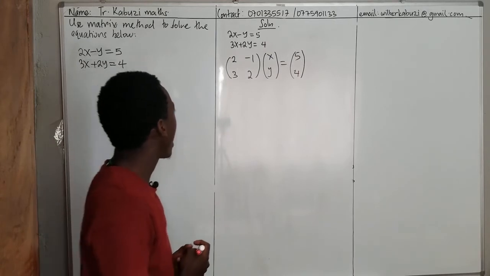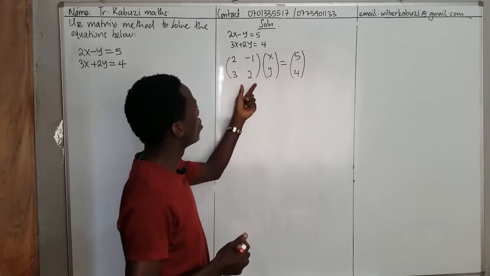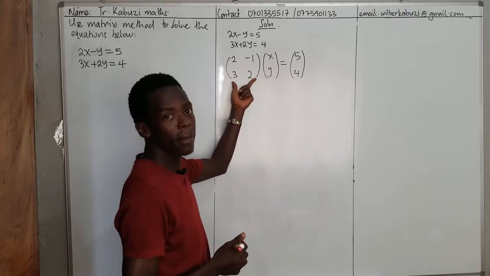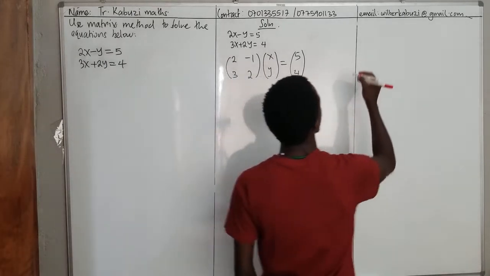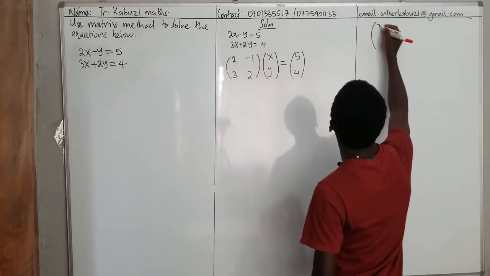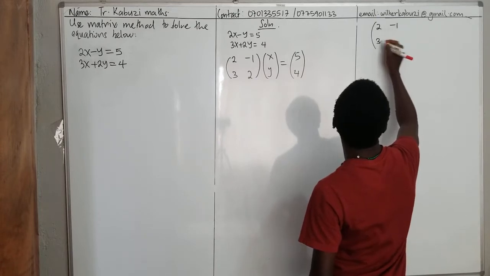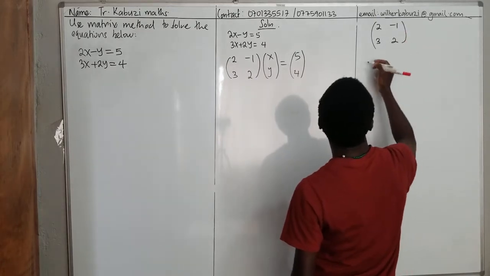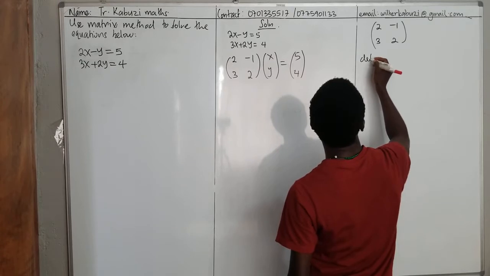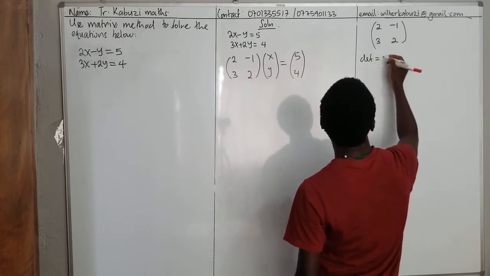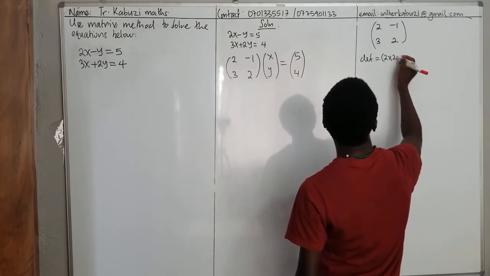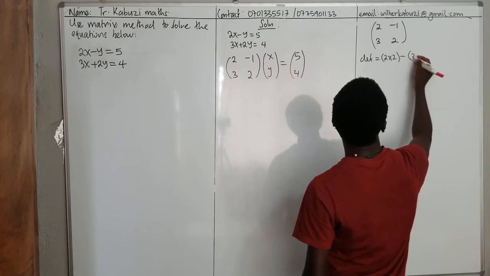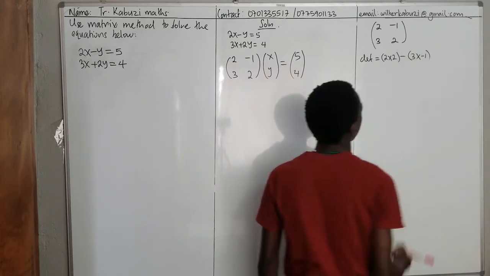And then from there, the technique is we get a determinant of this matrix. So this matrix is 2, -1, 3, 2. The determinant will be 2 times 2 minus 3 times -1. How do we get a determinant?